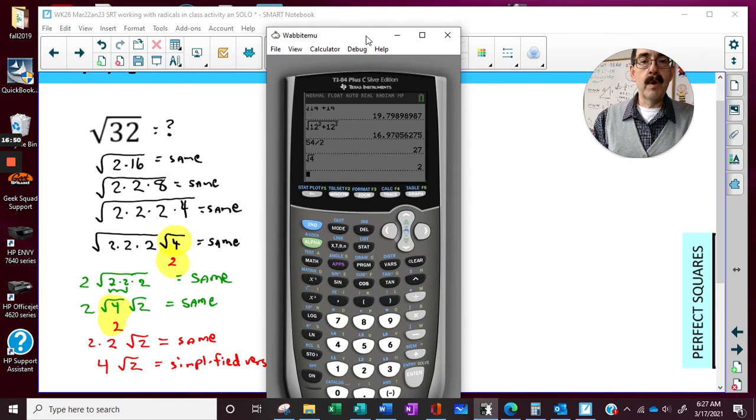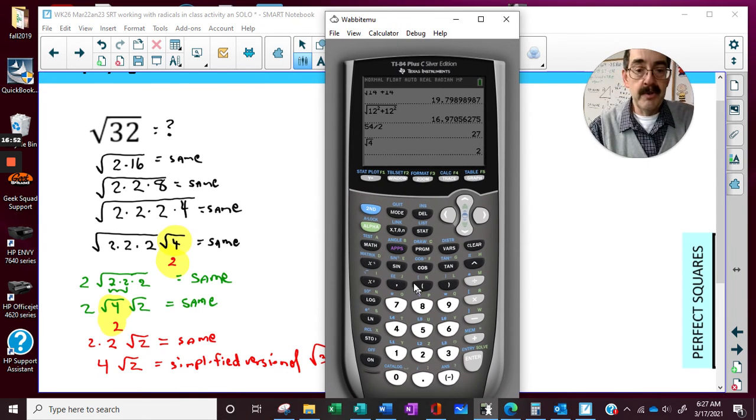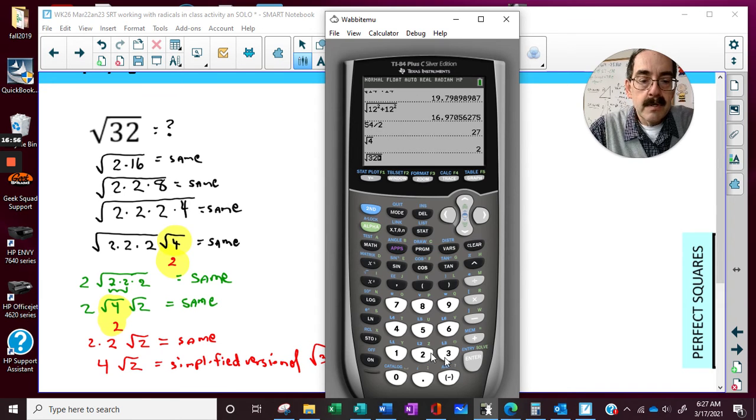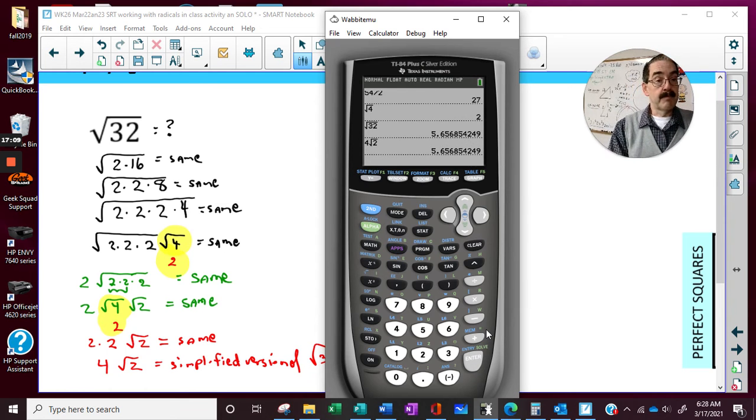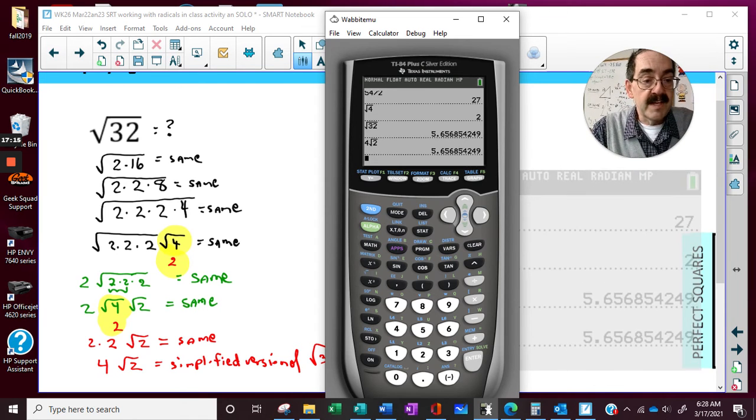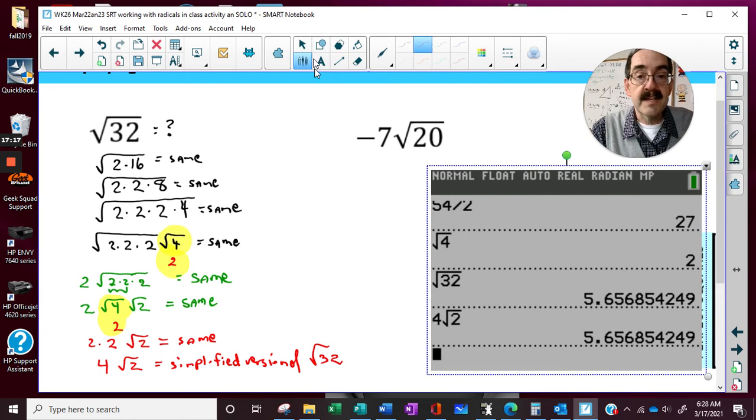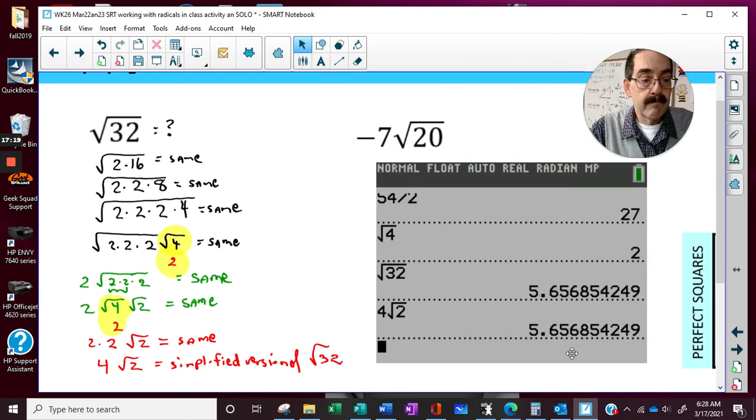Go to a calculator and type in square root 32, and then type in 4 square root 2 and get the same number. I want you to see that these are indeed the exact same.